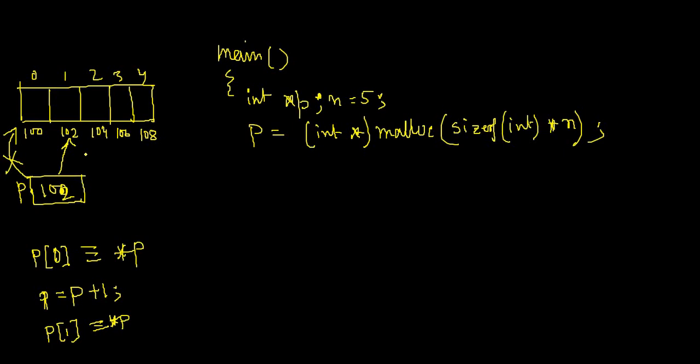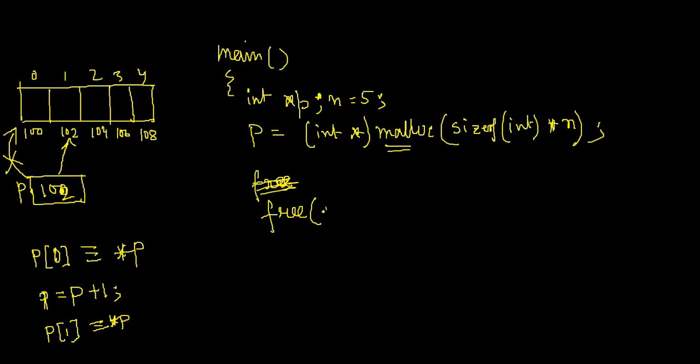And even after using this particular array that is pointed to by P, I can delete this memory as a whole. What is the function for that? For allocating, the function was malloc. For deallocating, there is a function called free.